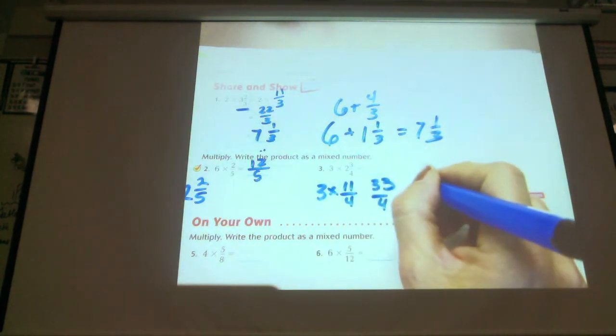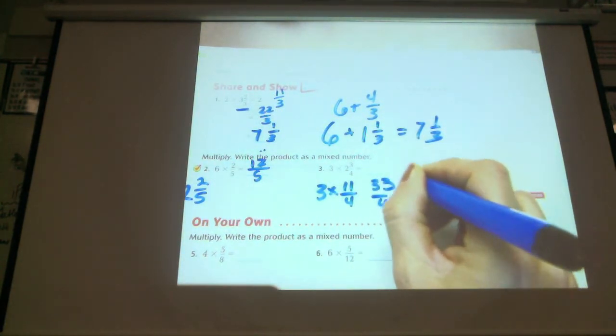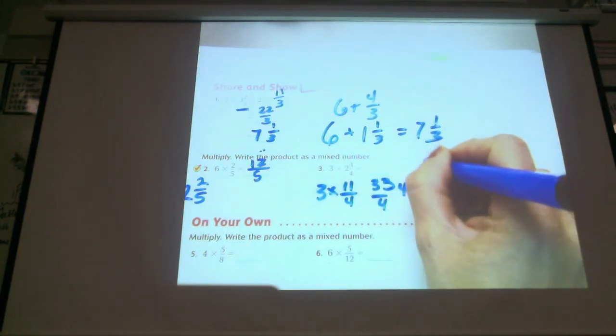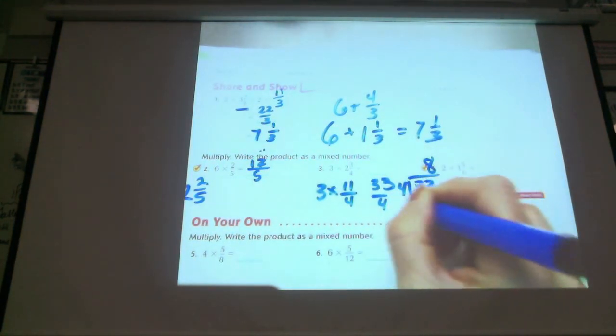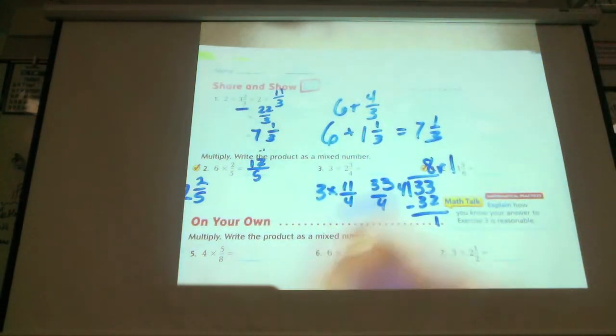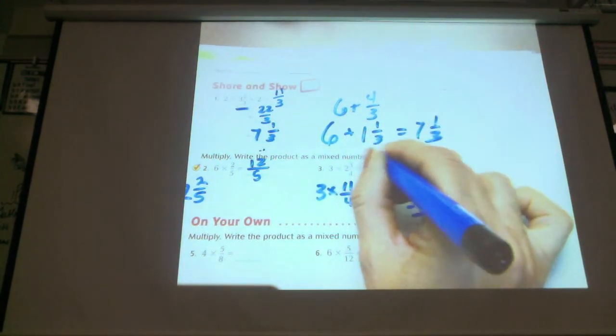And then I need to divide 33 by 4. 4 goes into 33 8 times, which is 32, and then I subtract and I end up with 1. So 8 remainder 1, which would give me 8 wholes and 1/4 as my fraction.